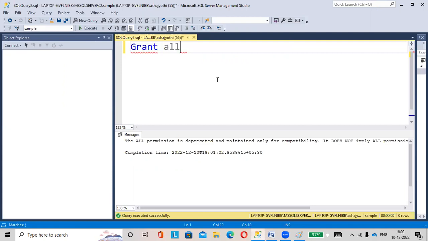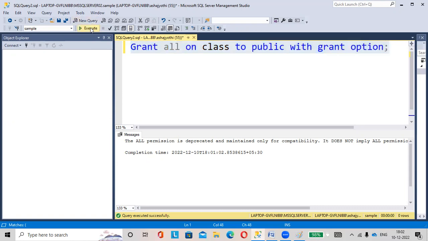Control A, execute. See, suppose one user is there by the name John. First he received the grant command, so he has some grant permissions, so he wants to give those permissions to the other users. If he uses this command, he has the ability to give his permissions to the other users. Is it clear, ma?